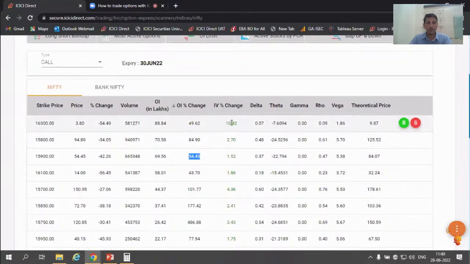Similarly, the implied volatility is again very important. Implied volatility yesterday was whatever it was, but it has increased by 10.8%. If the implied volatility of this decreases by 1%, the Vega here says 1.8.